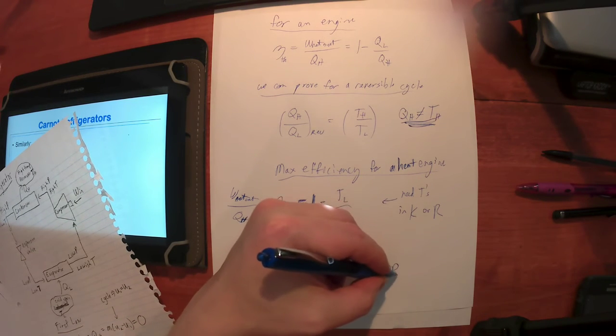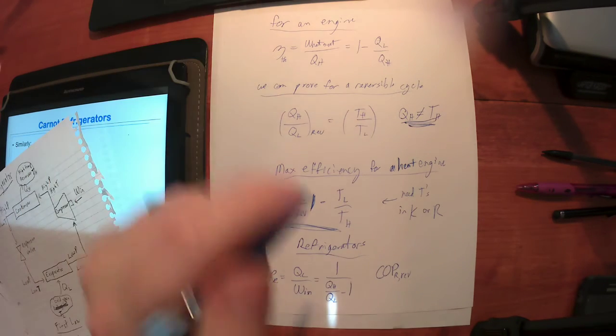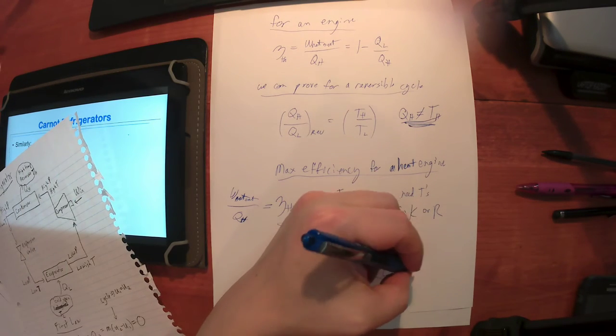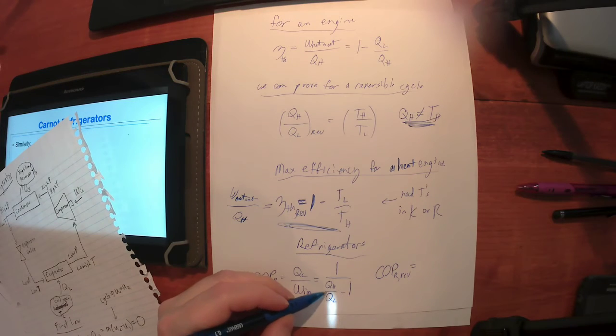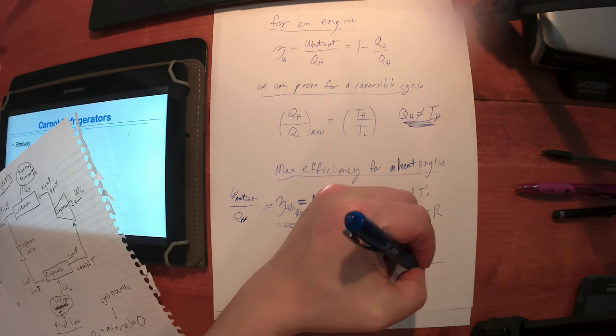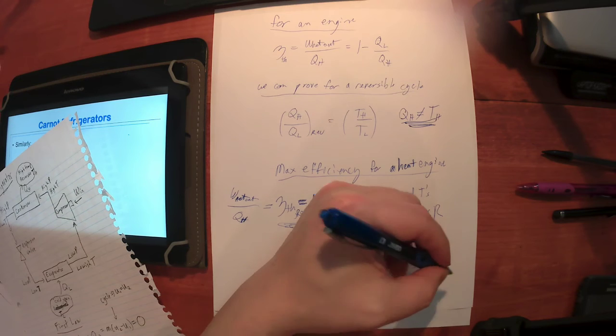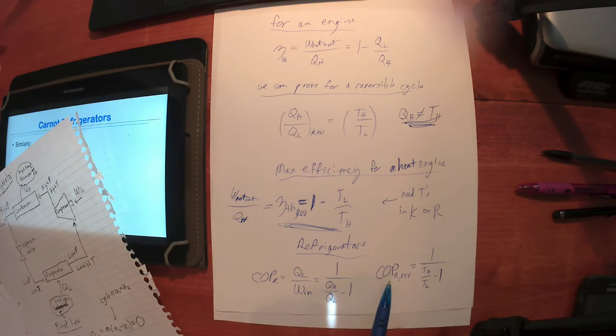So the coefficient of performance for a refrigerator, if it's reversible, meaning it's operating at maximum performance, I can replace this QH over QL with TH over TL. This is 1 over TH over TL minus 1. So this is the maximum coefficient of performance for a refrigerator.